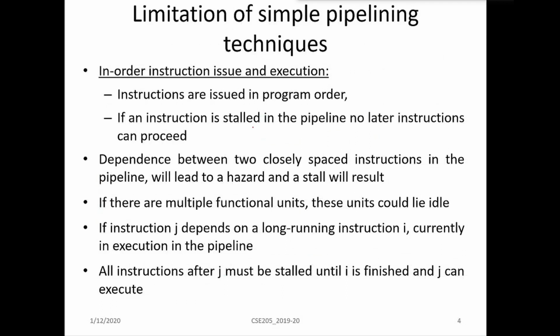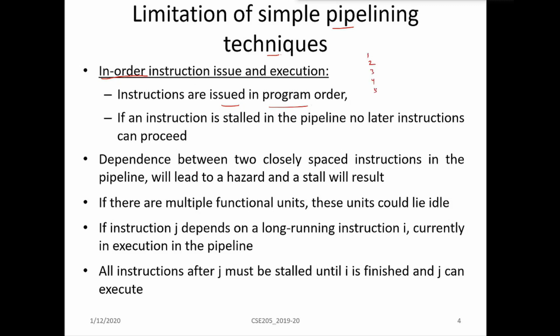So normally, when you go with simple pipelining techniques, the major problem is in-order instruction issue and execution. The instructions are issued in program order. Assume that you have instructions 1, 2, 3, 4.